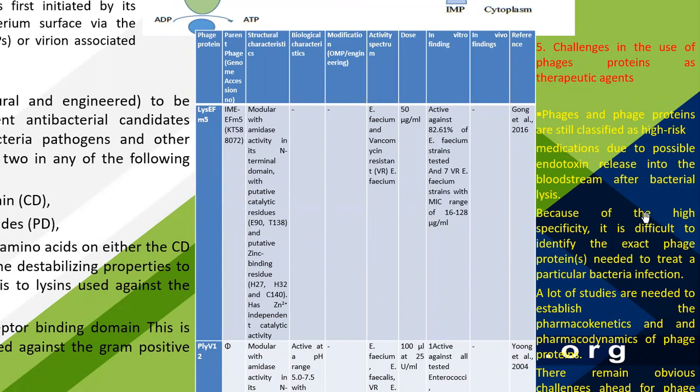And because of the high specificity, it is difficult to identify the exact phage protein or proteins needed to treat a particular bacterial infection. This is one of the major challenges scientists are facing in the discovery of phage proteins. A lot of studies are needed to establish the pharmacokinetics and pharmacodynamics of the phage proteins.